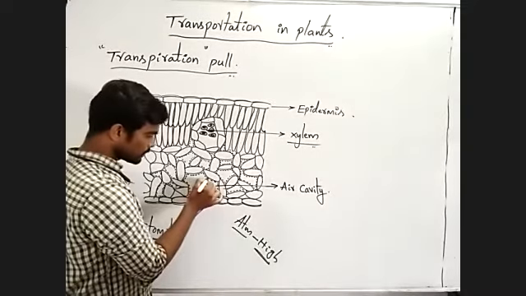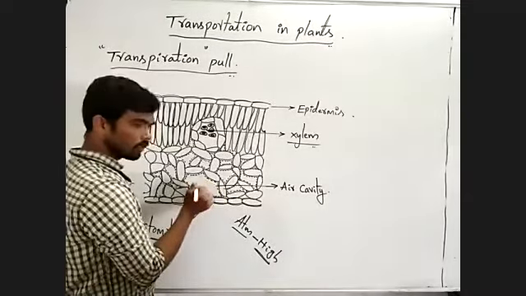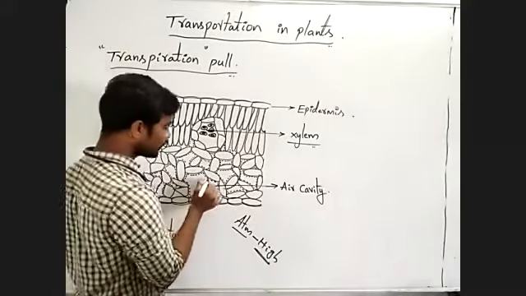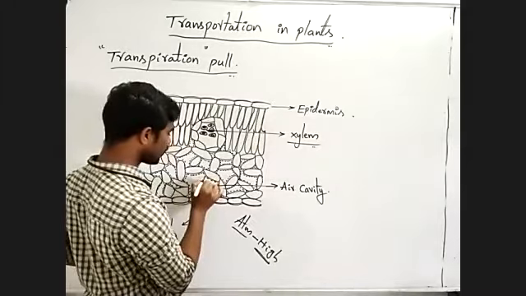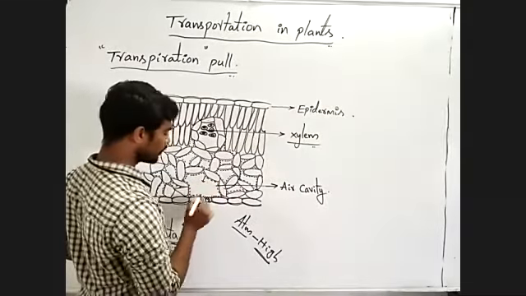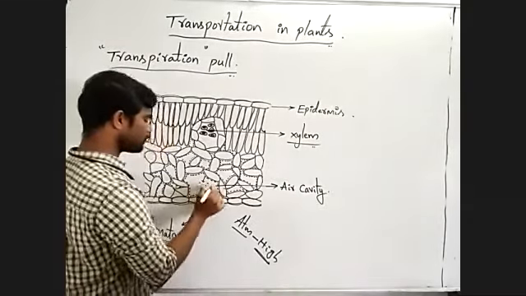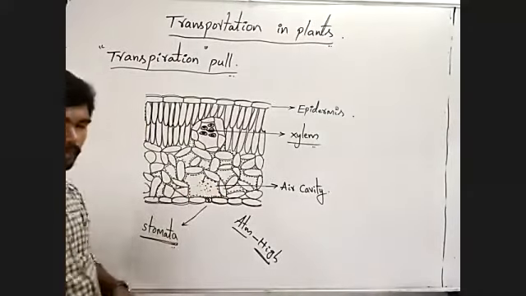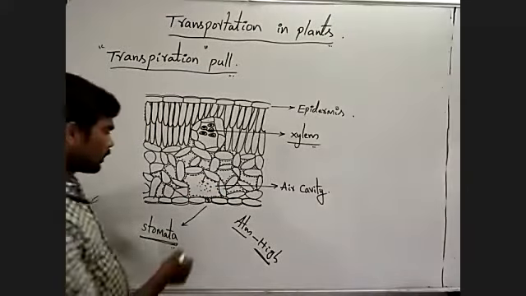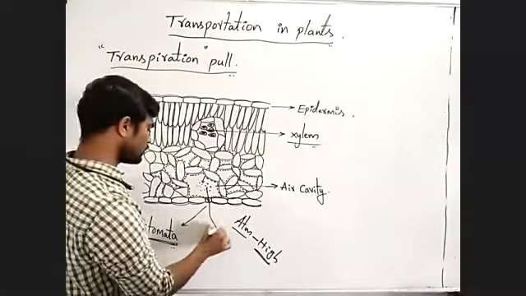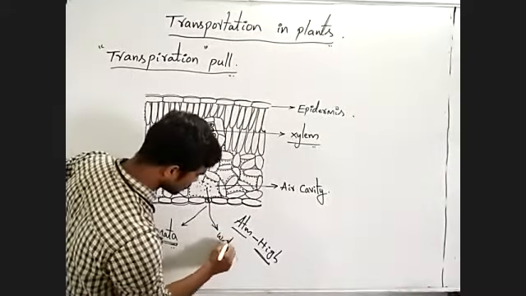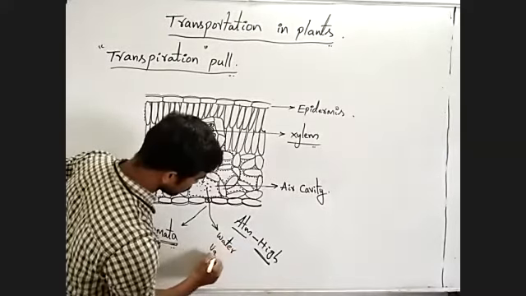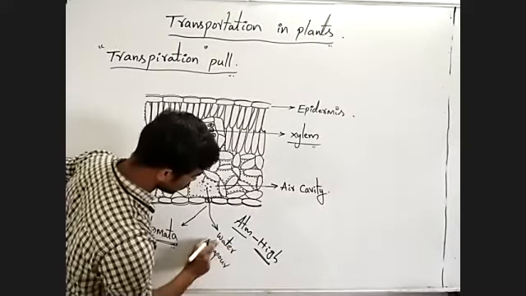Water which is present in the air cavity is evaporated and water vapor is formed. This water vapor is released out of the leaf.